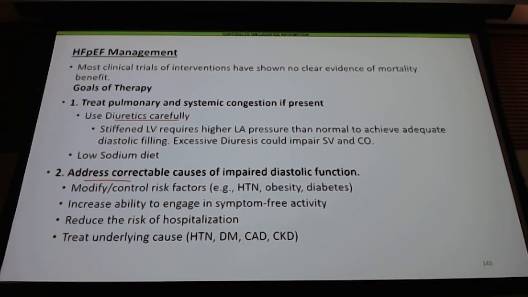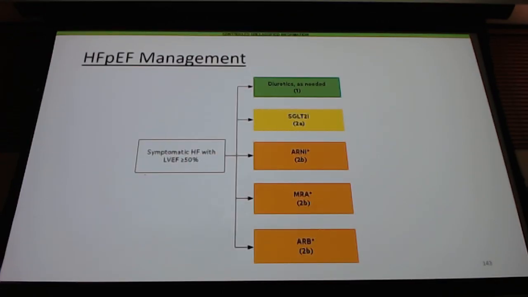So let's limit the further decline of their condition by addressing their hypertension or addressing their valvular disease or whatever is causing that condition to be there in the first place. And then this was just the algorithm for HFpEF. Again, not great evidence from when these guidelines were first published, but hopefully with more research, we'll have better treatments for our HFpEF patients.